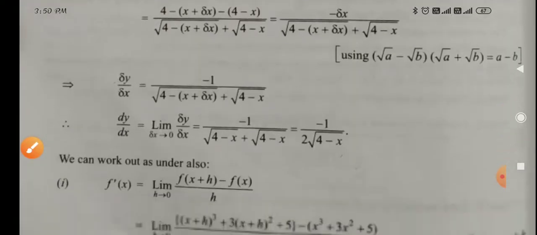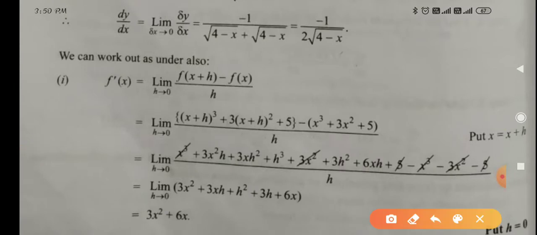First principle you can also use like this. This work can be done as under; directly you can write using first principle. It is necessary to write f dash x equals the limit, h tends to 0, of f of x plus h minus f of x, upon h. In place of delta x, as I told you, you can take h.